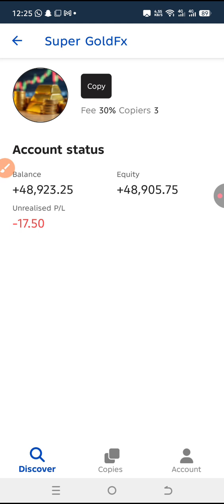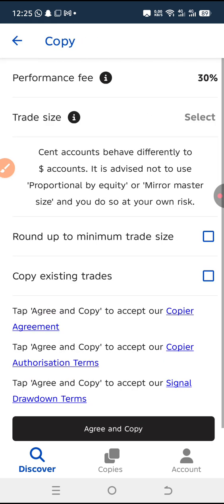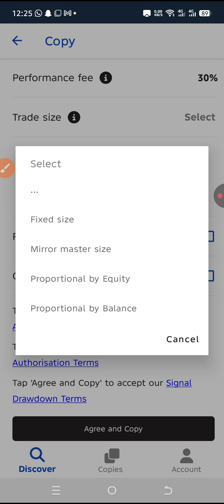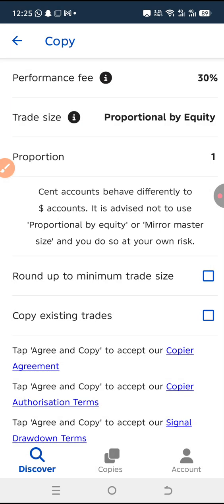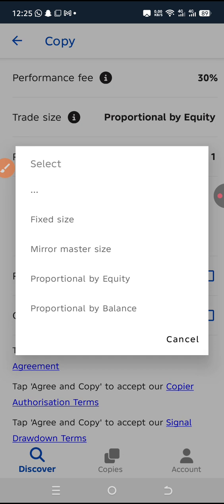This is simple. You click on copy, then you choose proportion to equity. When you're copying a trader, before you choose, you need to understand which pairs are being traded and how they are being traded.